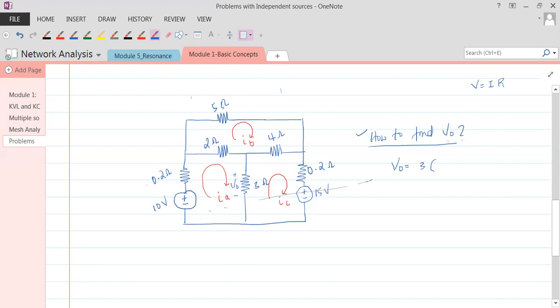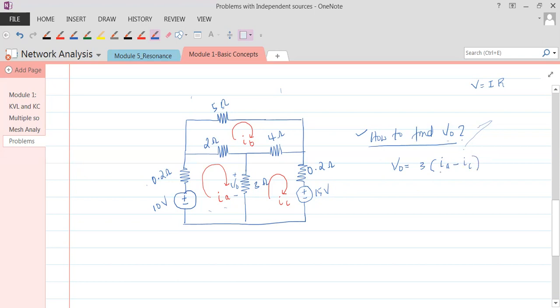So that's why I consider V naught equal to 3 into IA minus IC. Everybody get this point?